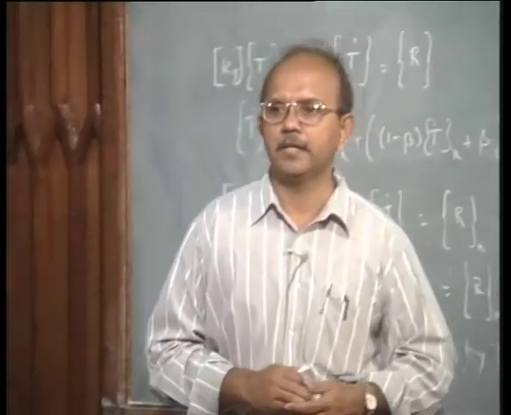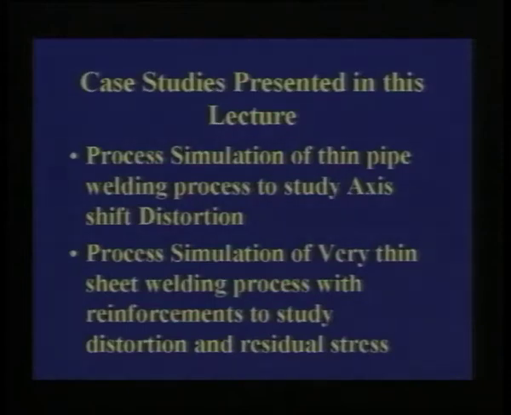Let us see the next slide. But what I want to emphasize is that it is possible to take into account latent heat. Let us look at two case studies. The first case study involves the welding of thin pipes, what we call axis distortion in thin pipes.